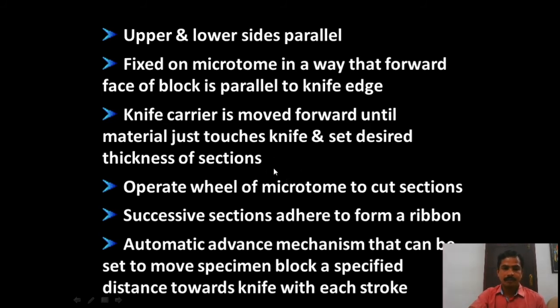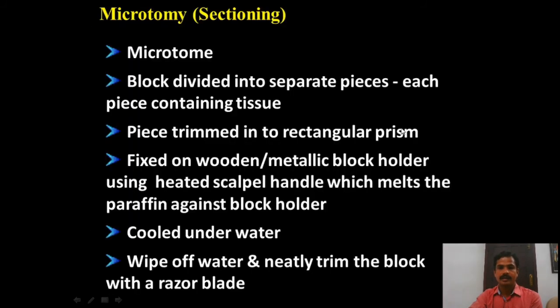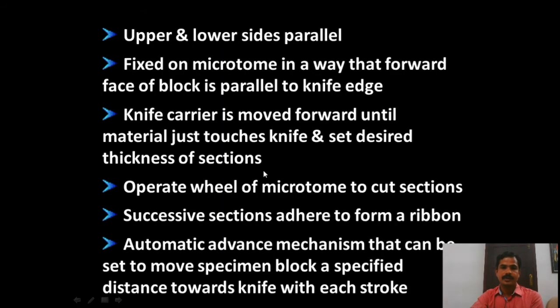Then operate the wheel of the microtome to cut sections by rotating the wheel. Successive sections adhere to form a ribbon. So a single section will be in the form of a rectangle.